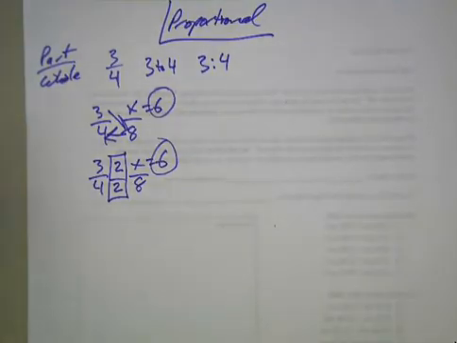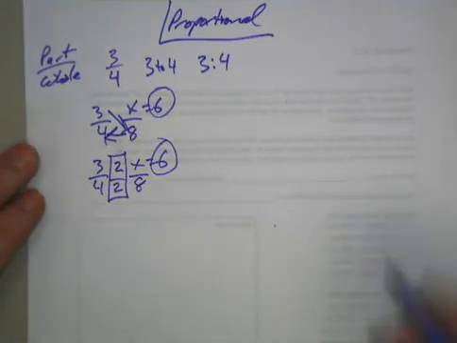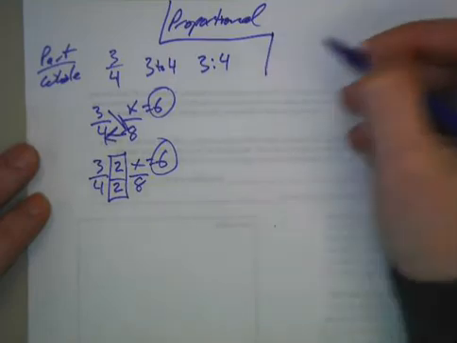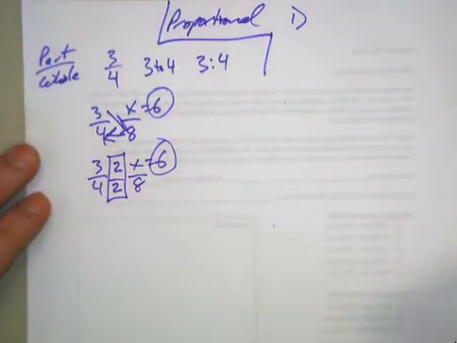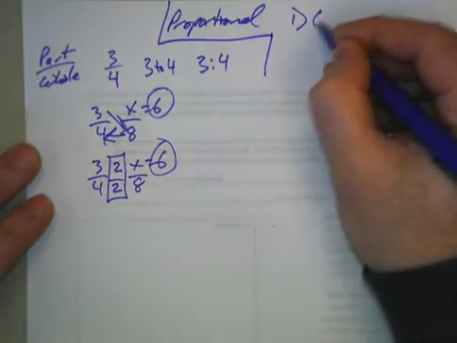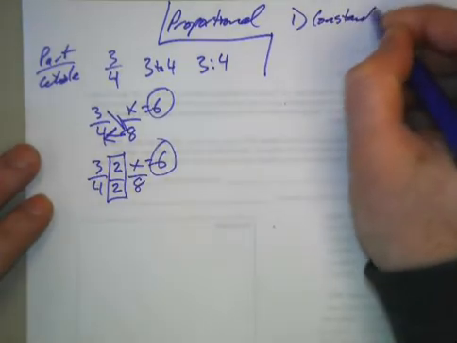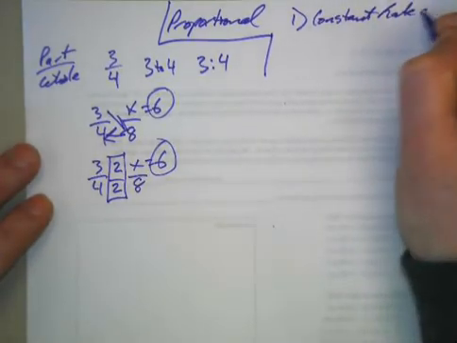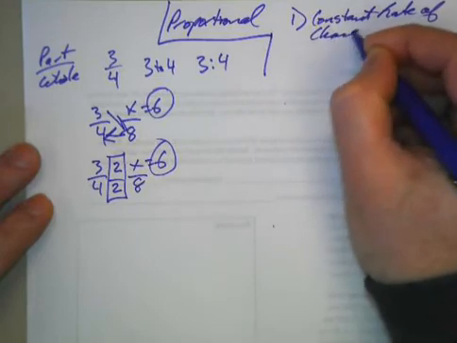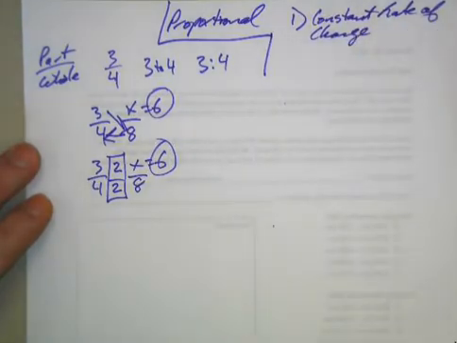What we're going to be doing is playing these proportional relationships out a little bit further, and as a result, when we graph them, they're going to make something very specific and unique. And to review what we already know about proportional relationships, we know in proportional relationships there is a constant rate of change that is the same each time.